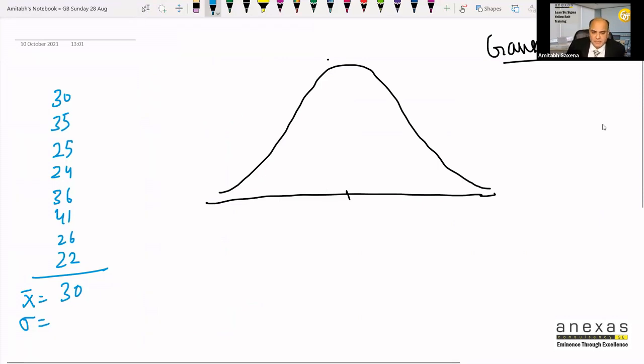So let us assume that I collected the data and I got average is 30 and standard deviation is 5 minutes. Now what Mr. Gauss found was a generic theorem. He called it the Gaussian theorem.